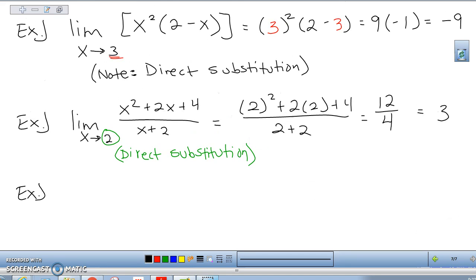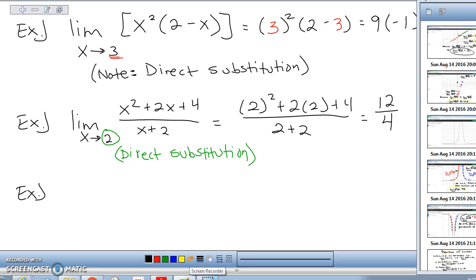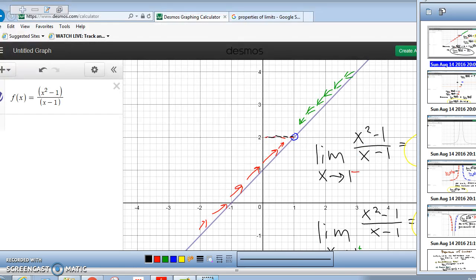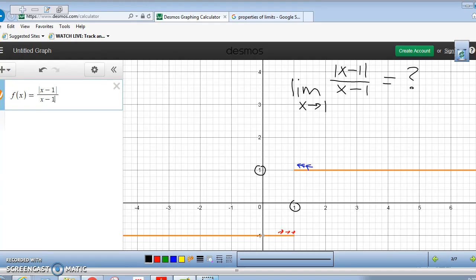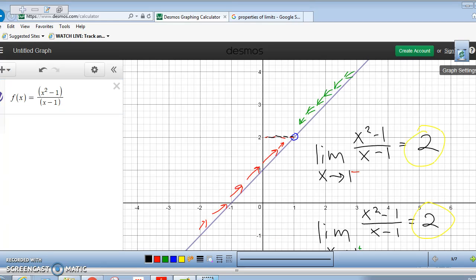Will this direct substitution method work on these previous problems that we already solved by looking at the graph? See if we can apply the direct substitution method. That's something to think about. We'll discuss that tomorrow. I'll see you guys tomorrow.